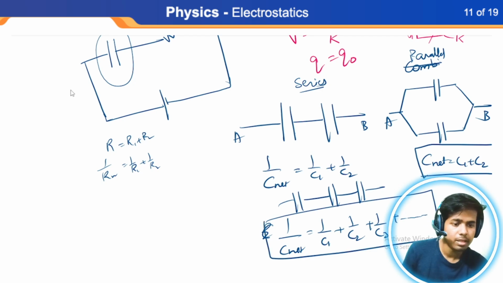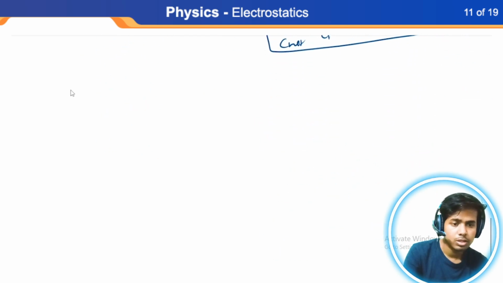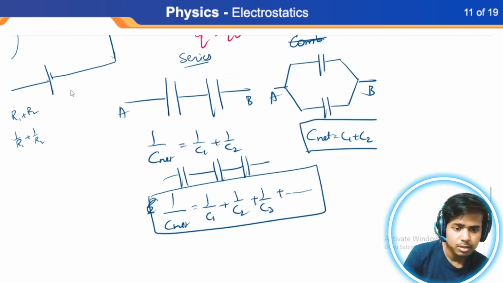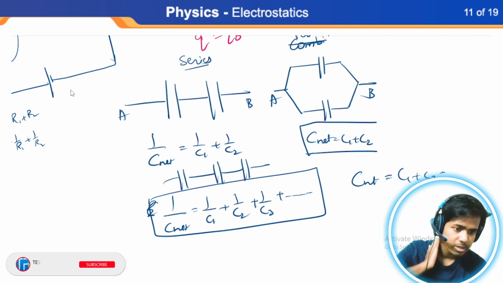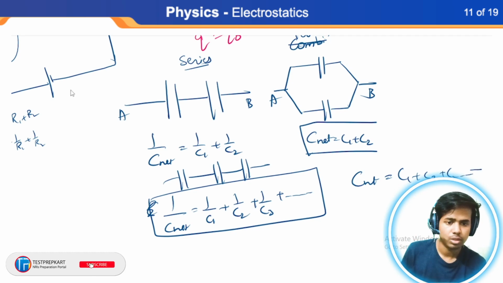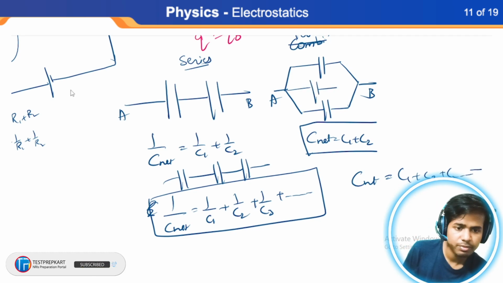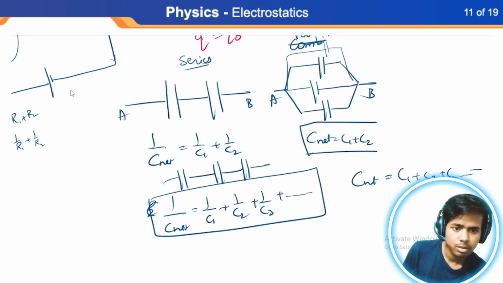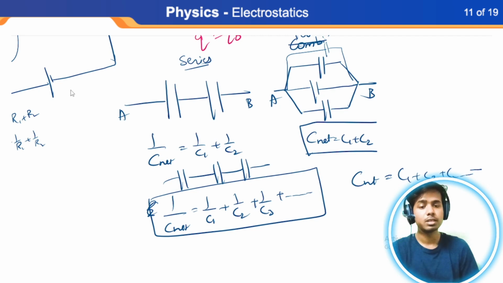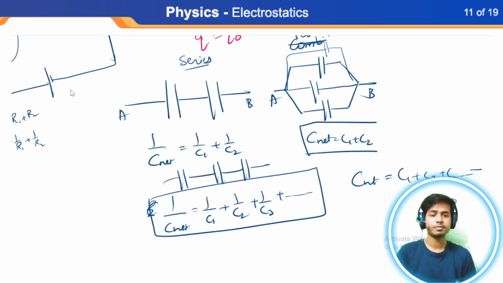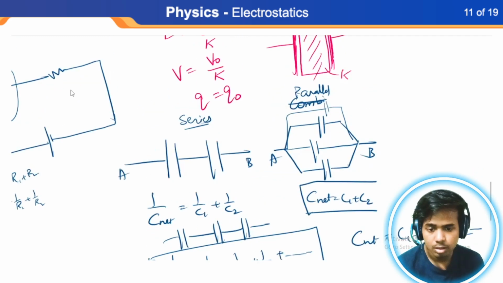And in case of parallel, you will have C net is equal to C1 plus C2 plus C3 and so on. So you can combine even more capacitors, not a problem. In that way, we can calculate the net capacitance of different combinations of capacitors.